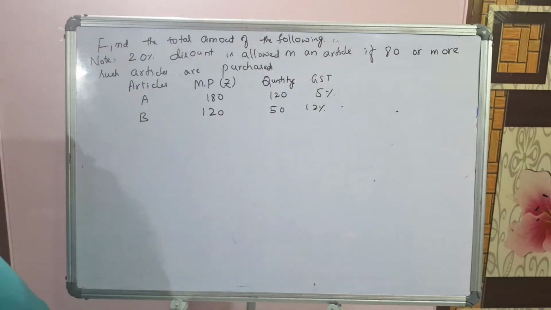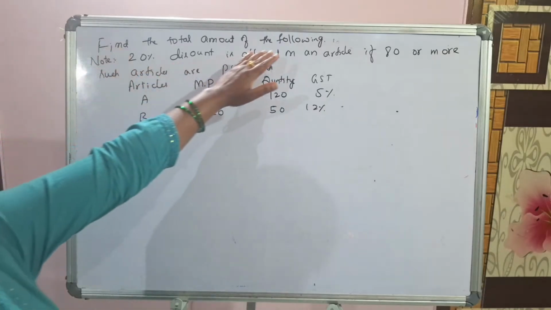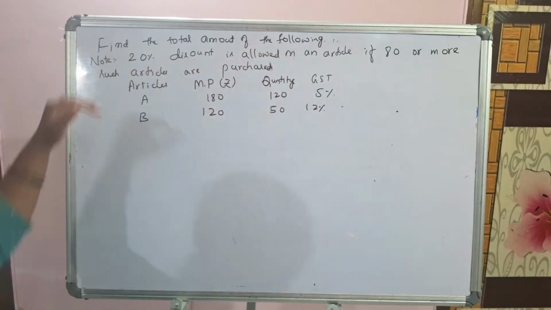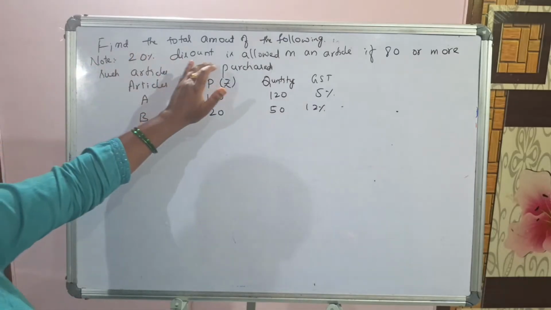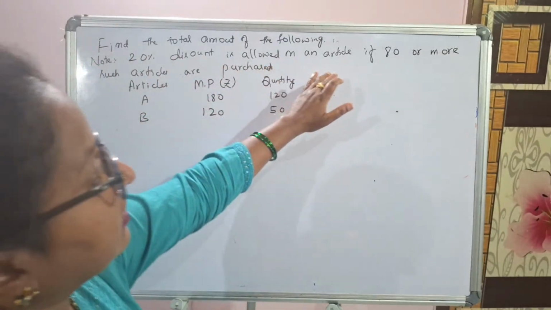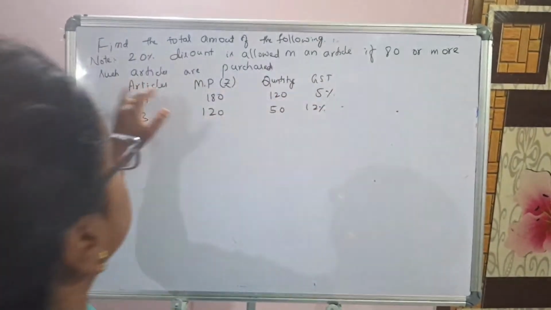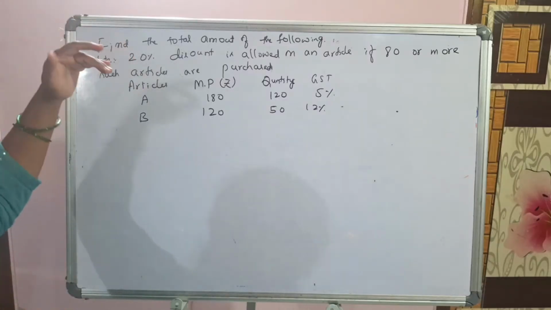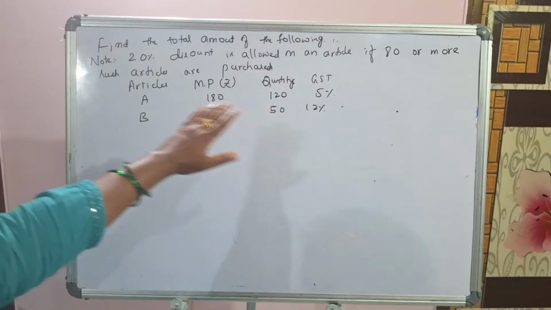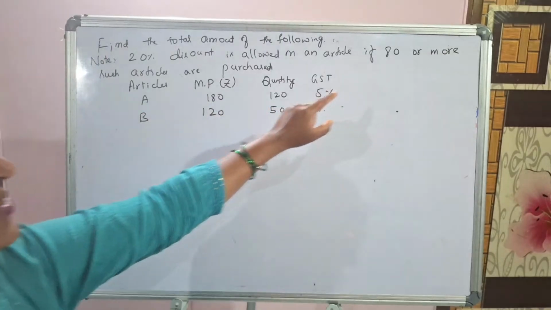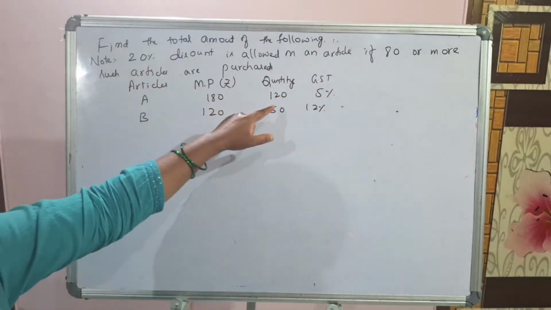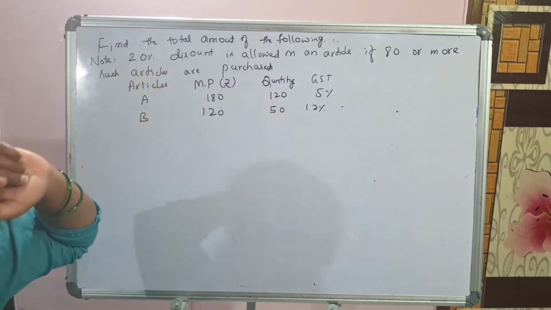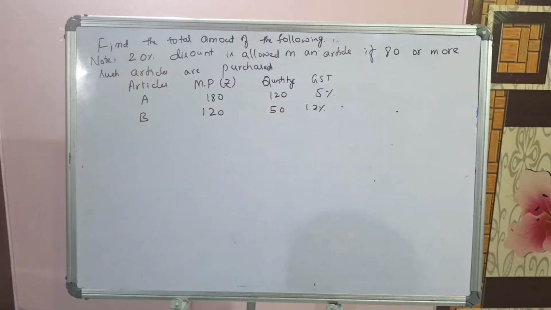See, read the question carefully. Find the total amount of the following. Note, 20% discount is allowed on an article if 80 or more such articles are purchased. If the quantity of the articles is more than 80, then the 20% discount is applicable.